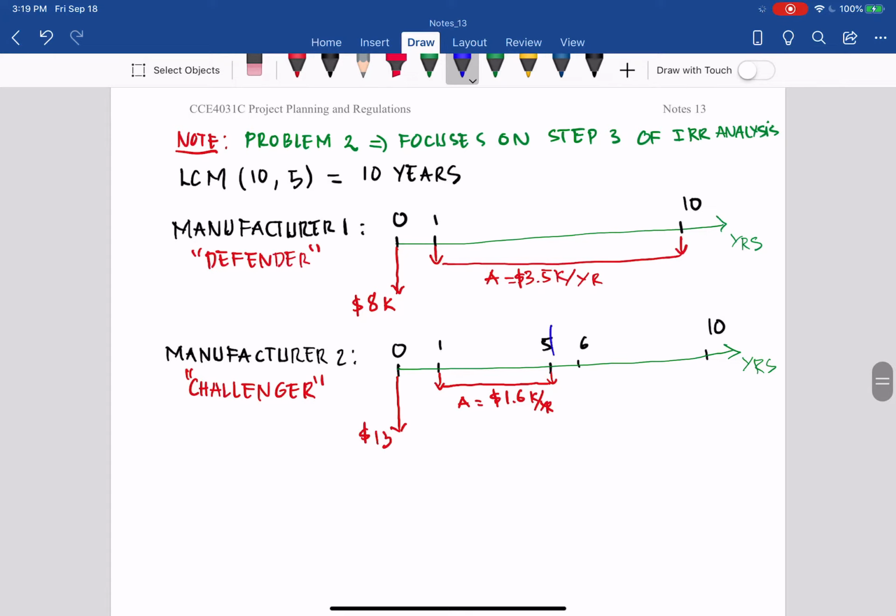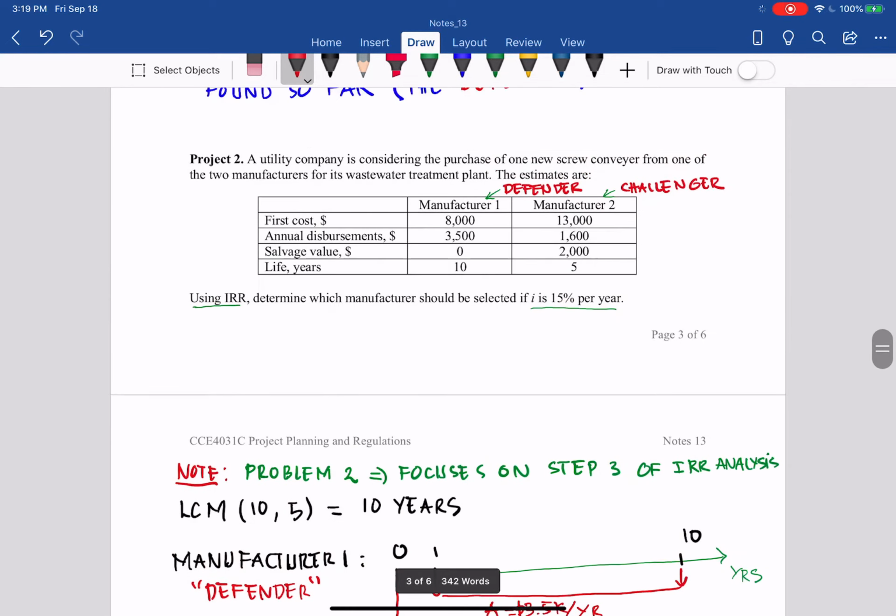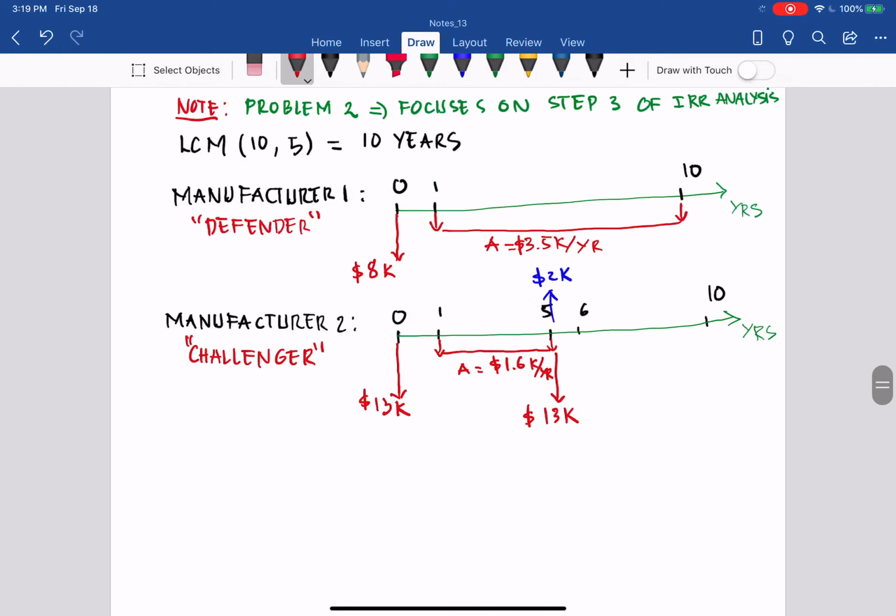So you have here 2,000, and we have to reinvest in new equipment, 13,000, and you assume we have the same operating cost, 1.6K per year. And at the end of year 10, we get the salvage value again, 2,000, something we are familiar with so far.